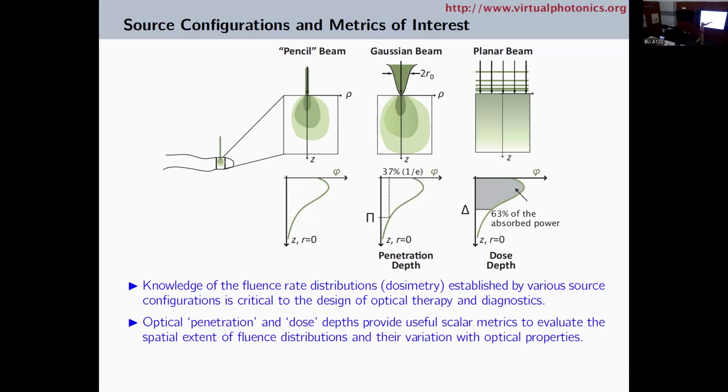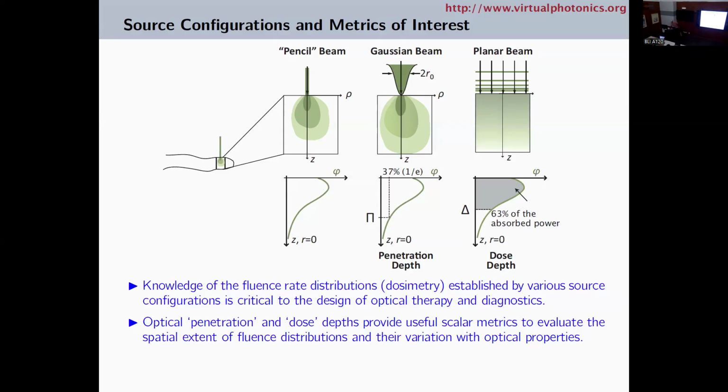Well, there we want to integrate the radiant field, and we want to say where is basically 2/3, or 1 minus 1 over E, of the light absorbed? And we call that capital delta for dose, right? This is the dose of light, and how far can we dose the light effectively? And so you need accurate predictions for this radiant distribution. You can look at it for a pencil beam, Gaussian beam, planar beam.